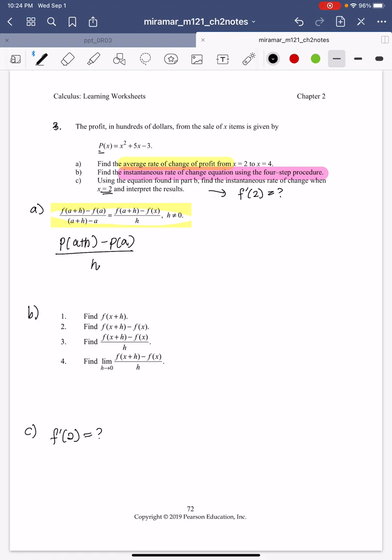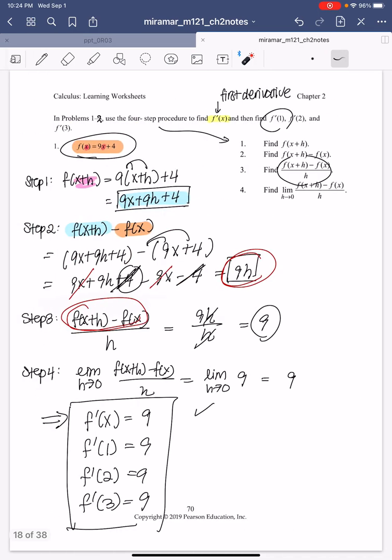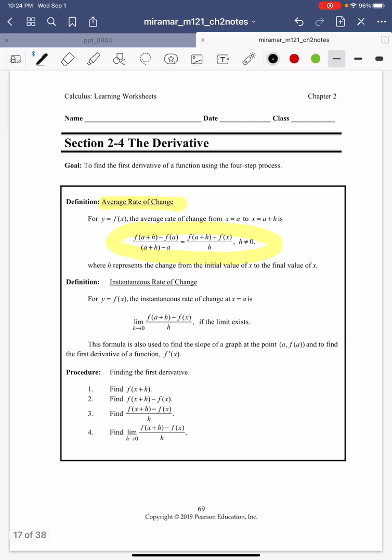Okay. Oh, I see a little typo. This should be f of a here, because you see this one, f of a? Just realized it as I look at the example here. So please fix the typo. That should be a, because x equals a.